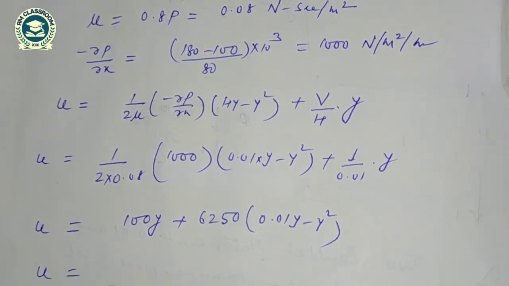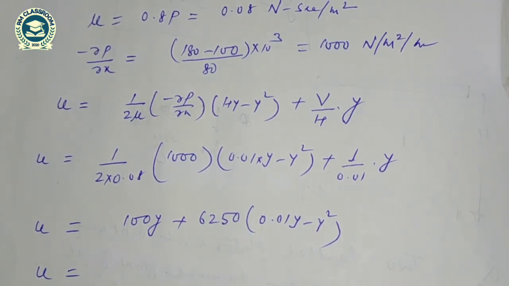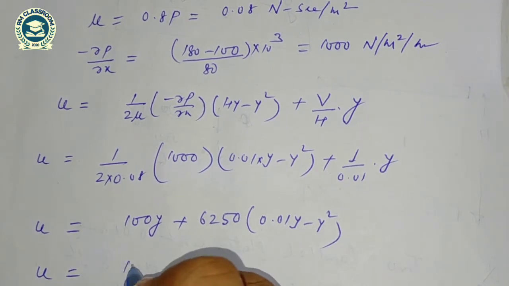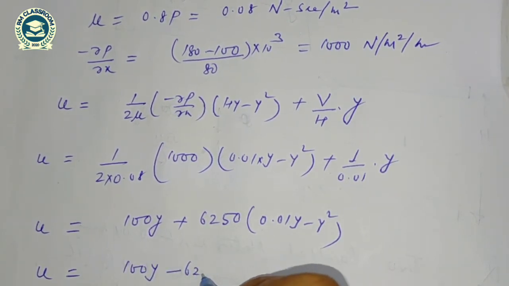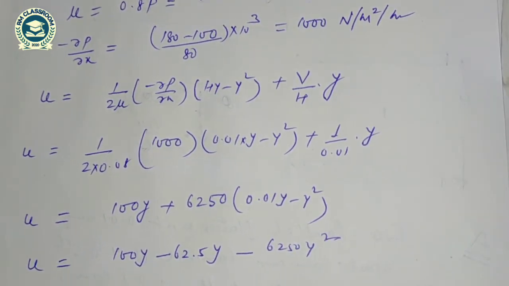So u is equal to 100y minus 62.5y minus 6250y square.